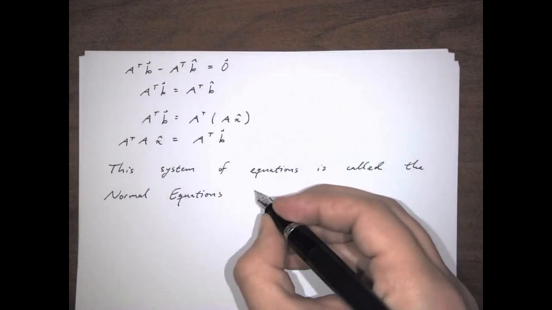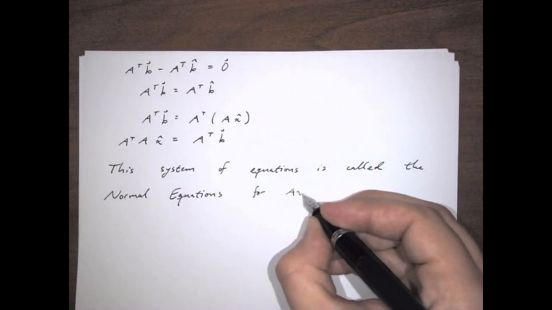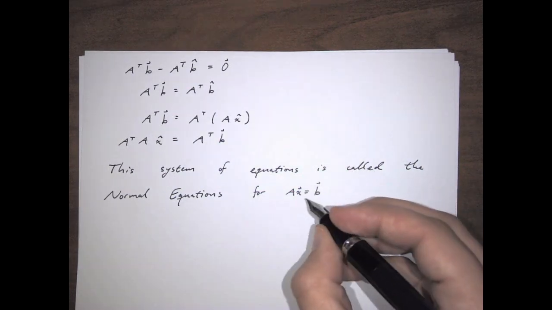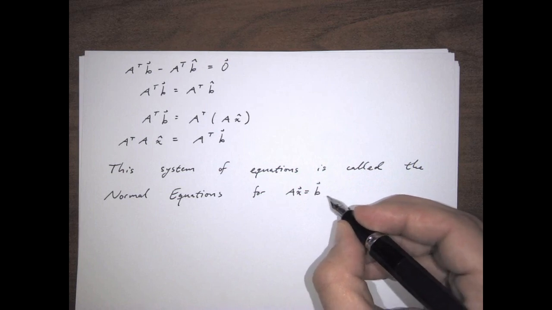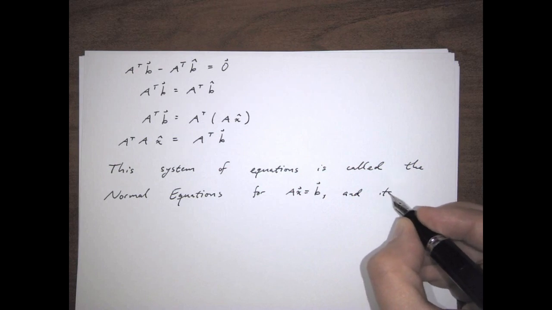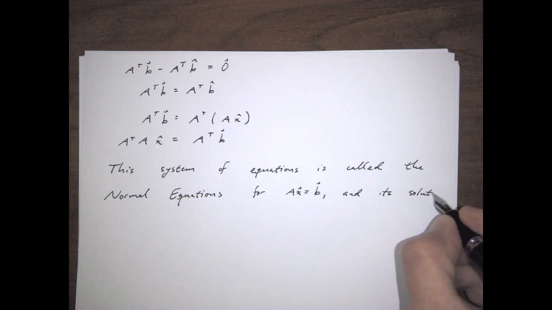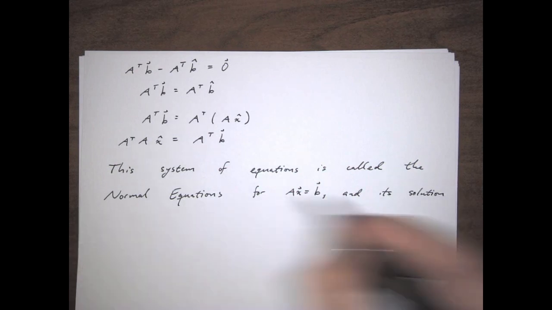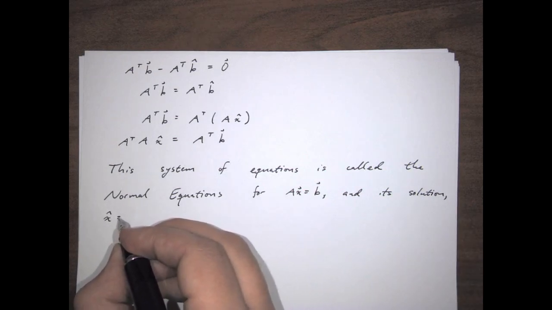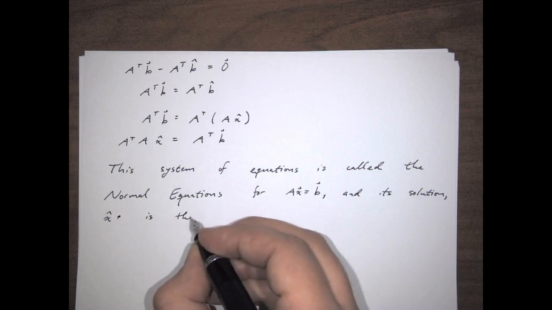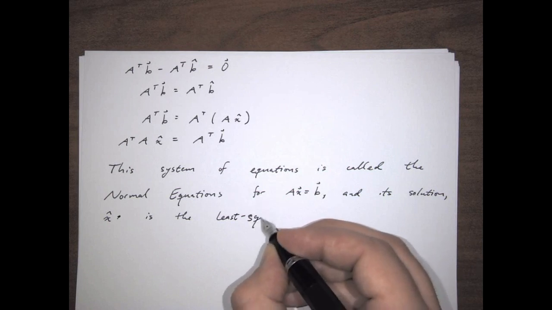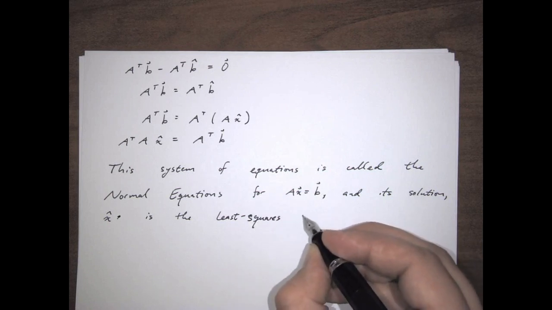Normal equations for Ax equals b, and the solution x hat is the least squares solution.